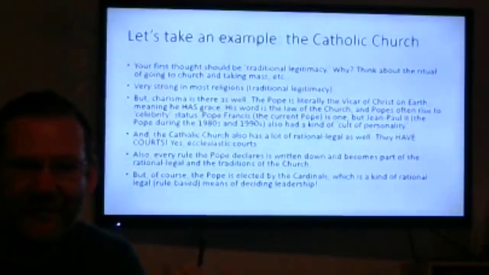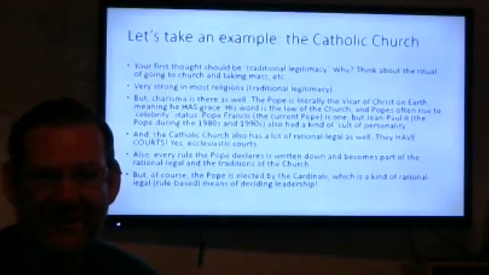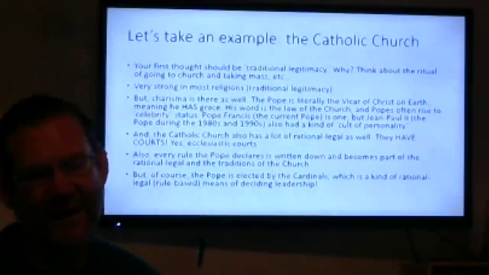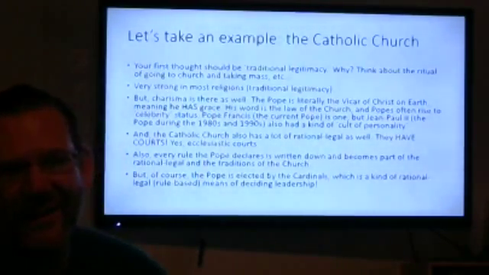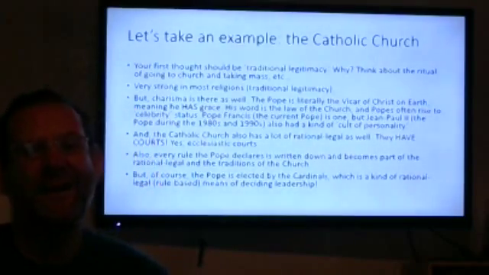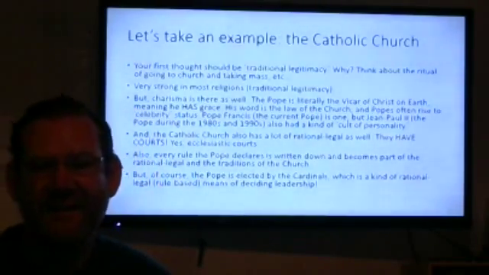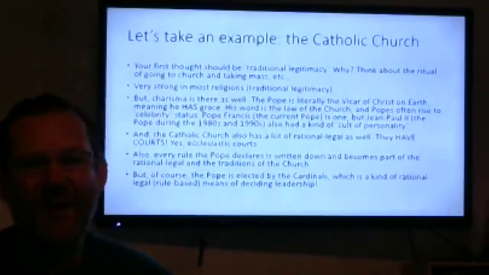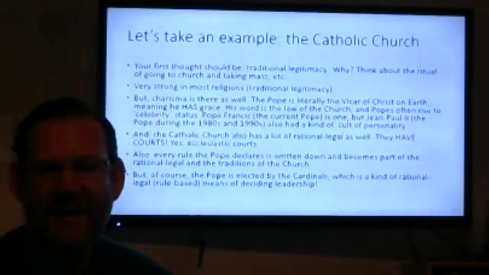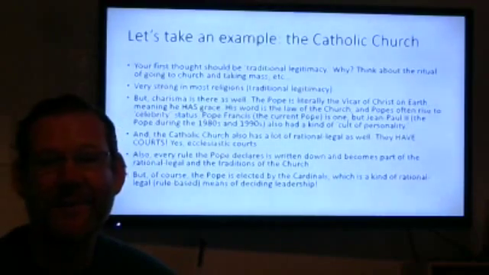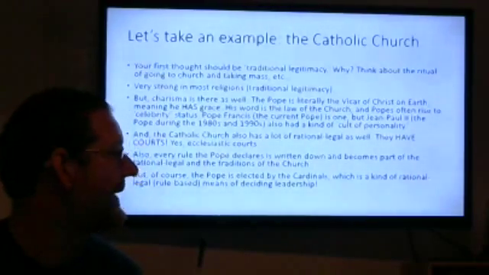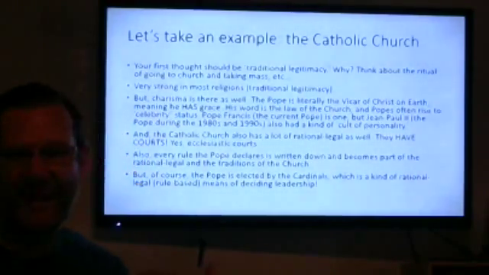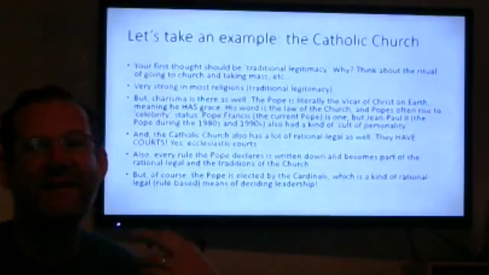But there's a lot of charisma as well in the Catholic Church. Think about the current Pope. I'm not Catholic. The current Pope, Pope Francis. He's getting a lot of news. People are really inspired by him. They're saying, wow, he's such a dynamic person, yada yada. Bringing even some people back into the Catholic Church has been happening. So this is a type of charismatic legitimacy.